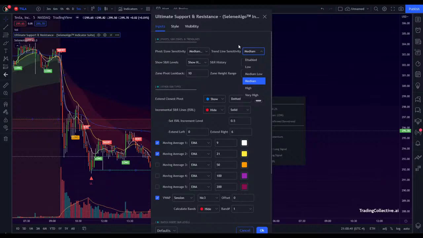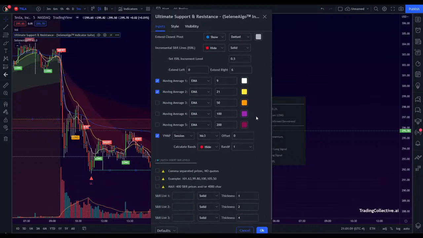This can vary from security to security. Some securities will like higher trend sensitivities or pivot sensitivities, and some won't. So what you're looking to see is false positives, a clutter of signals. Those are things you would adjust or mitigate here within these drop downs. But I encourage you guys to play around with these to the fullest extent.